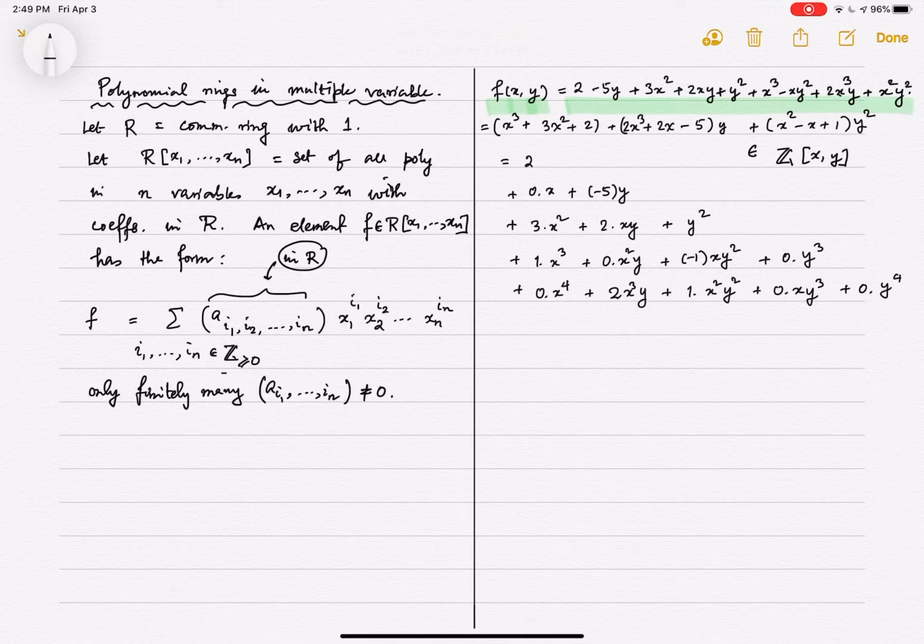These kinds of polynomials, the simplest kind, x1 to the power something, x2 to the power something, these are called monomials.